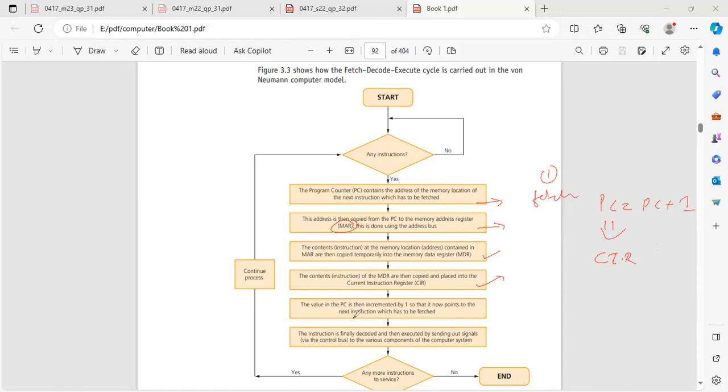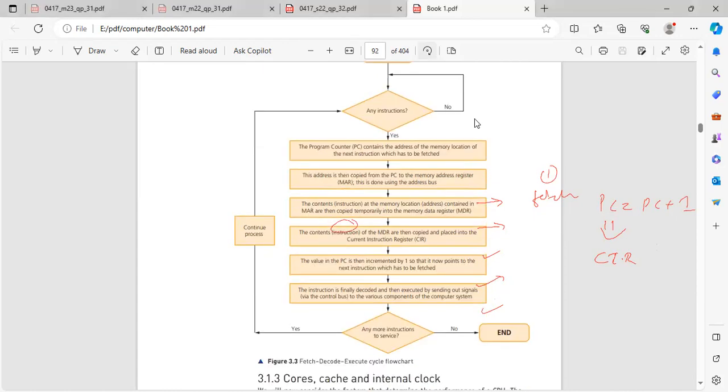The value has been updated. The instruction is finally decoded and then executed.